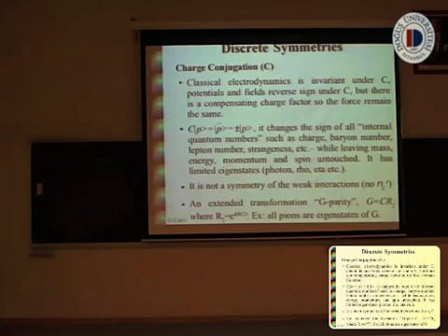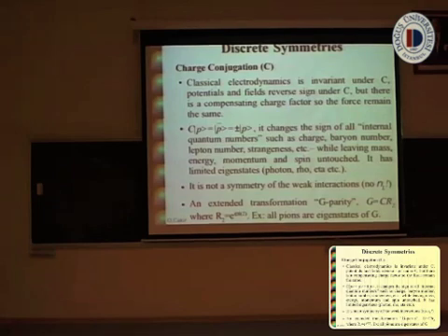But it has limited eigenstates. For example, photon, rho meson, eta meson, they are invariant under C conjugation. It is not a symmetry of the weak interactions, because we have no left-handed antineutrino.